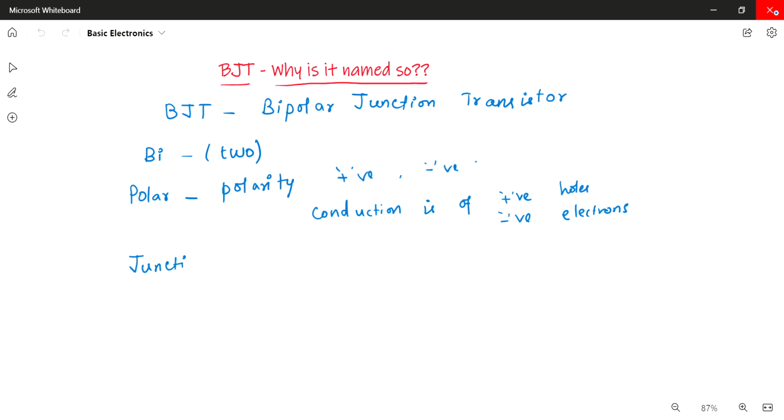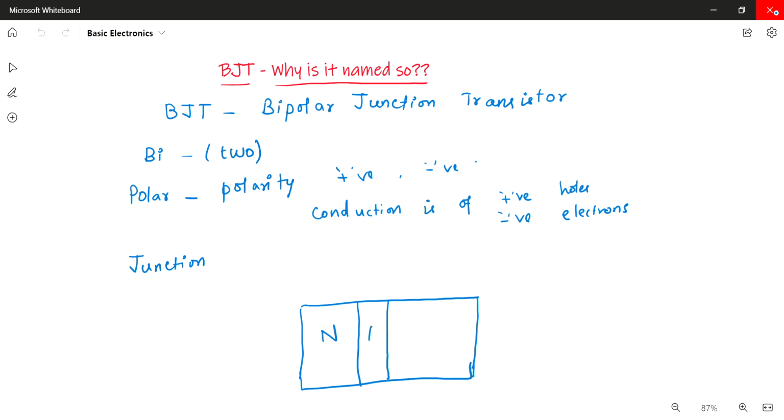If you see the construction of a transistor, let me draw the constructional details of the transistor. As you can see here, it will be having 3 layers. Let us say that this is an NPN transistor. There will be emitter region, base region and collector region.